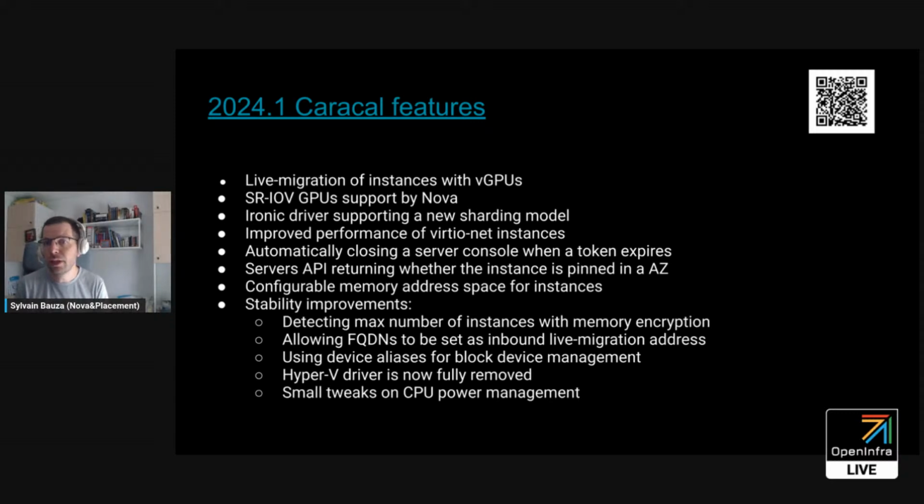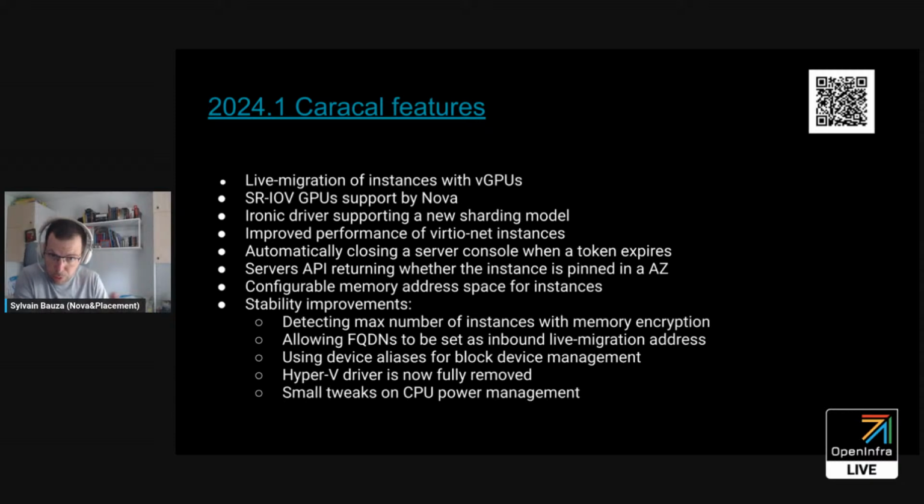Another security feature is that you can opt in to make sure that if a user has a token that expires, they can't just continue to look at the server console.